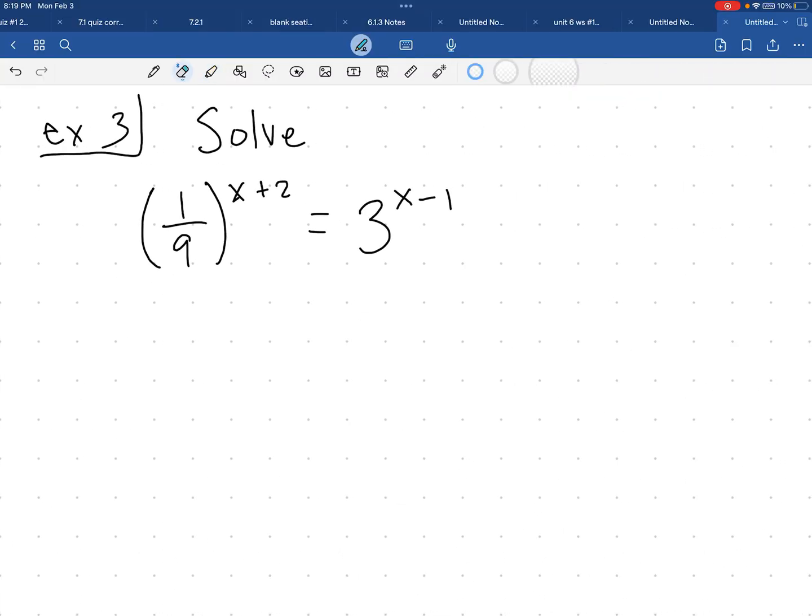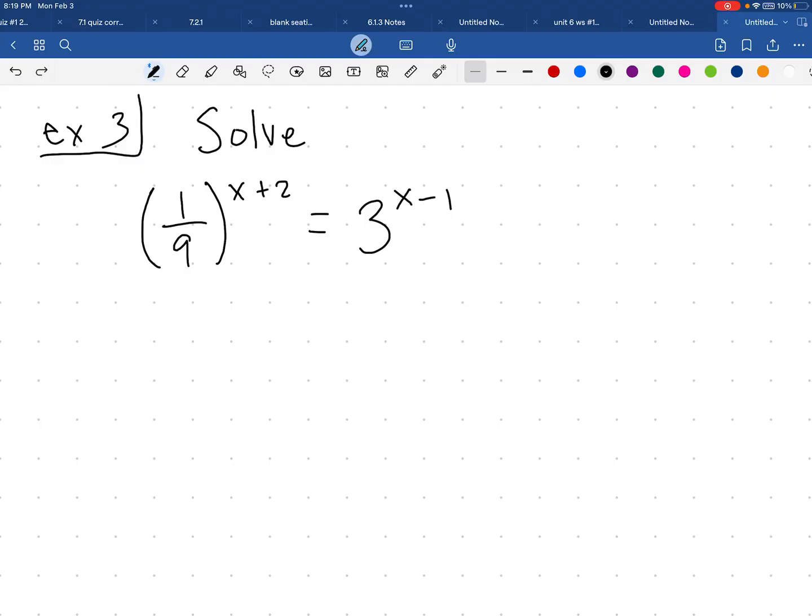We have obviously a fraction on the left side, a base of 1/9 on the left side, a base 3 on the right side. So I would need to think about what power do these two things have in common. So thinking about exponents and what type of exponents do certain things. Obviously I have one thing that's a fraction and one thing that's a whole number.